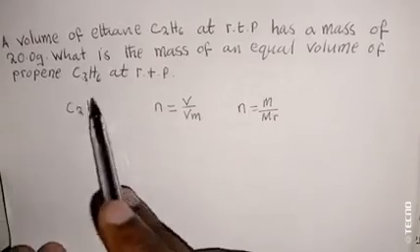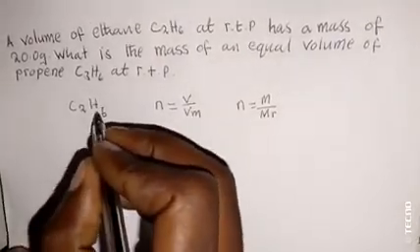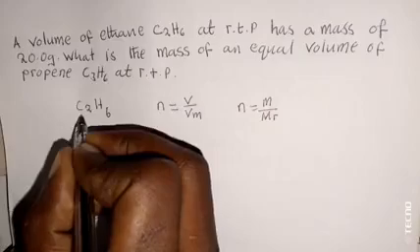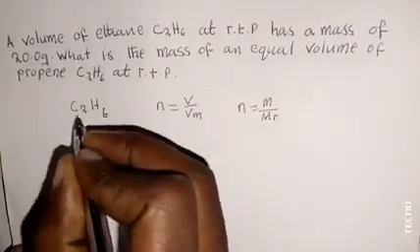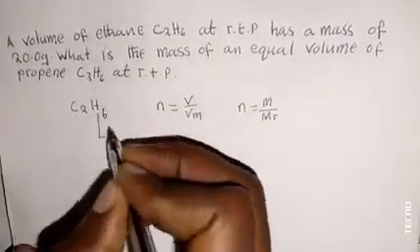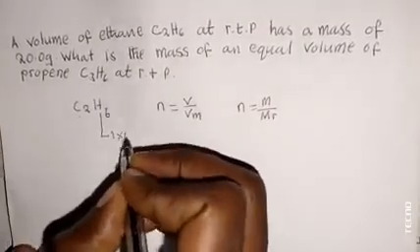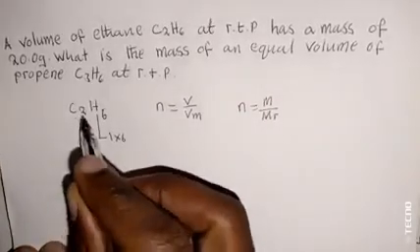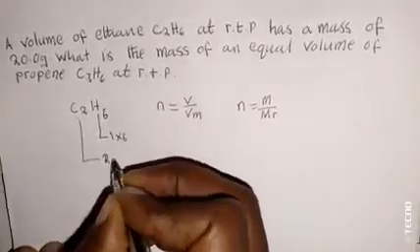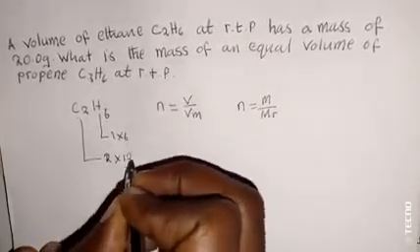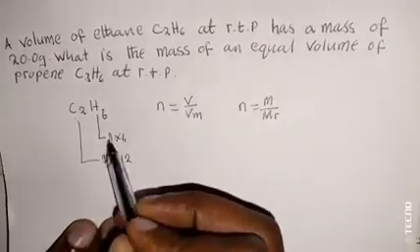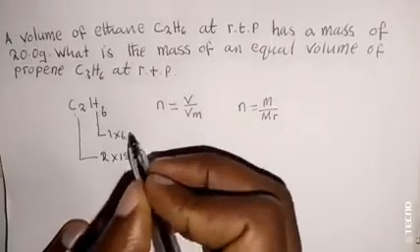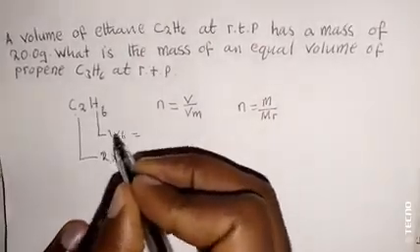For ethane, carbon is 12 with 2 atoms, so 2 times 12, and hydrogen has a mass number of 1 with 6 atoms, so 1 times 6.